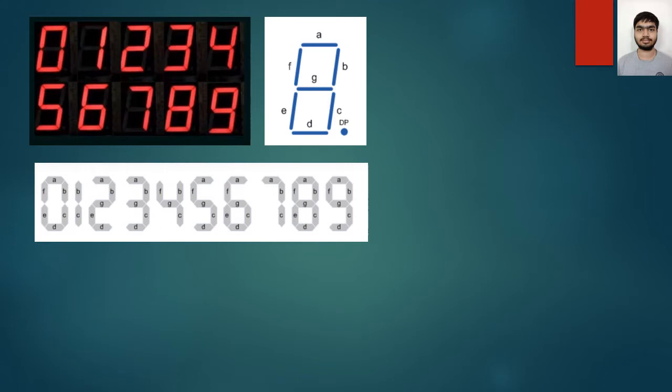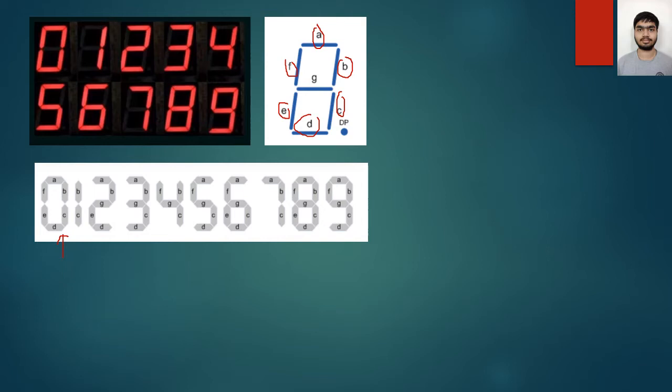This is the way we are naming the LEDs for our convenience: A, B, C, D, E, F, and G. For representing 0, we will enable A, B, C, D, E, and F. We can see here that for 0, only A, B, C, D, E, and F are lighted. For 1, we will only enable B and C LEDs. For 2, A, B, G, E, and D. And similarly for other numbers.